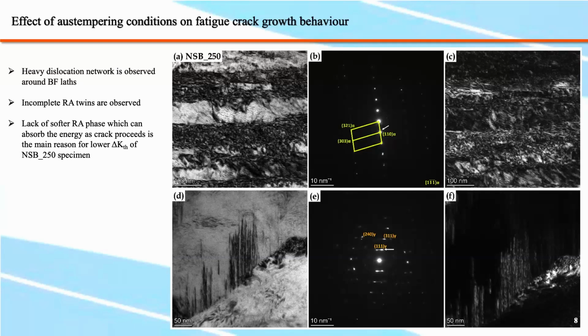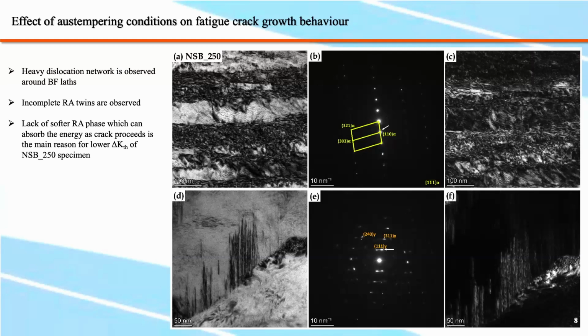Thirdly, coarser retained austenite is much better at resisting crack growth as compared to finer bainitic ferrite, but also finer retained austenite, because we could observe some deformation twins forming in those retained austenite features, while here finer retained austenite does not allow for formation of deformation twins and is not actually absorbing that much energy from the input mechanical energy.